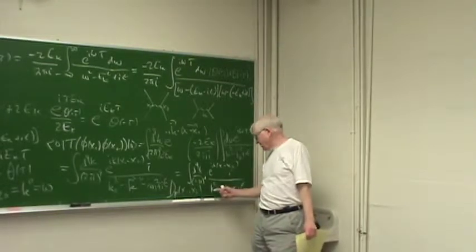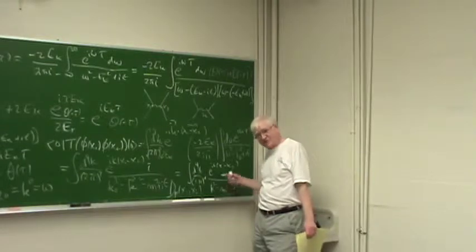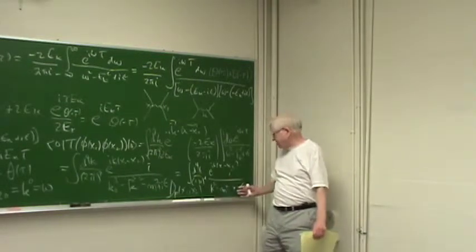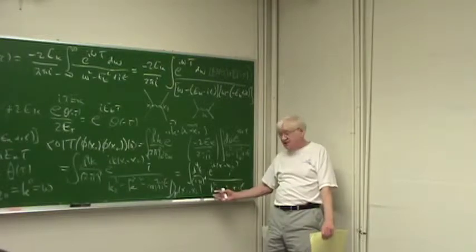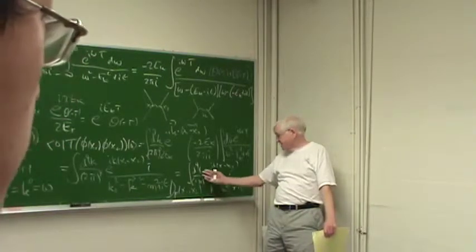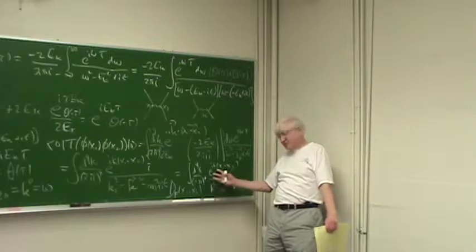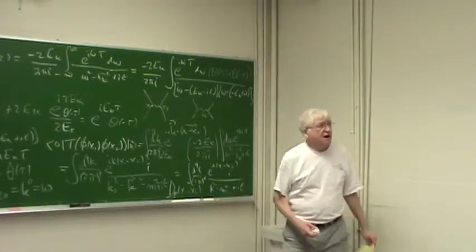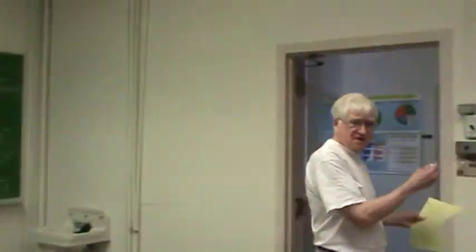Well, in the denominator we have k squared minus m squared. We have minus what we get up top. And so this thing cancels apart from a minus sign. What's left is an integral d fourth k over 2 pi to the fourth, this space factor, that's a delta function of, do you want me to do this in steps?